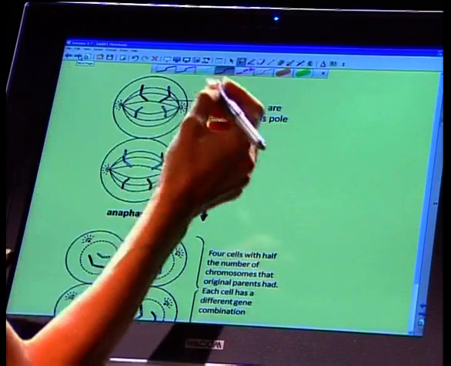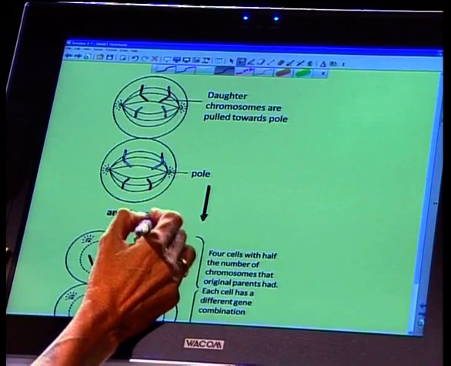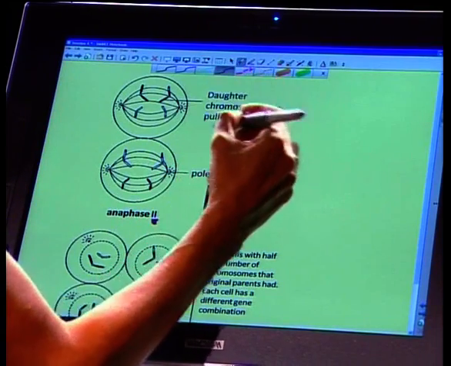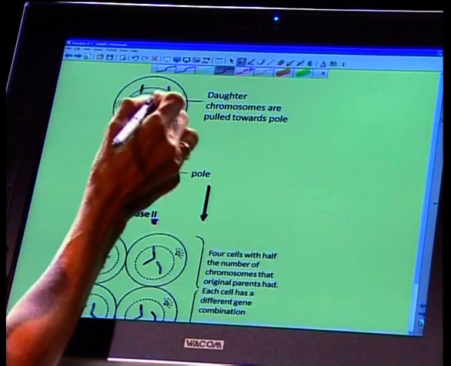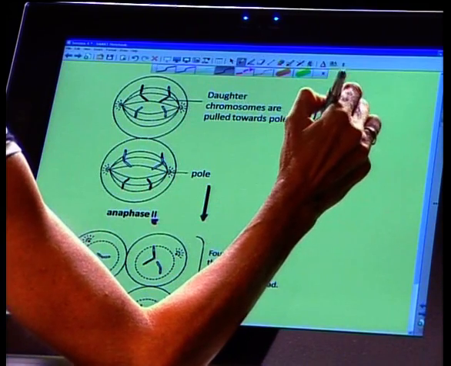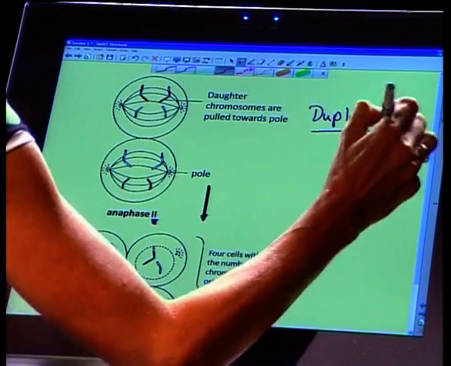All right, now, this here is anaphase 2. So it's happening during the second meiotic division. The daughter chromosomes are pulled towards the poles. Now look at what's happened here. They have duplicated. Okay?